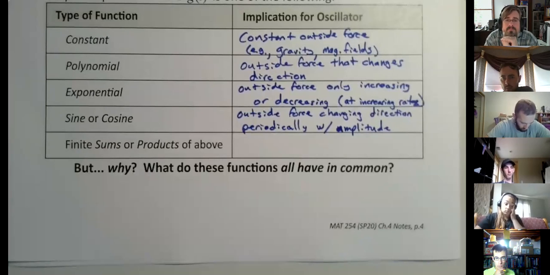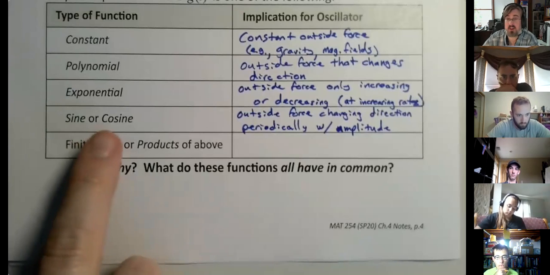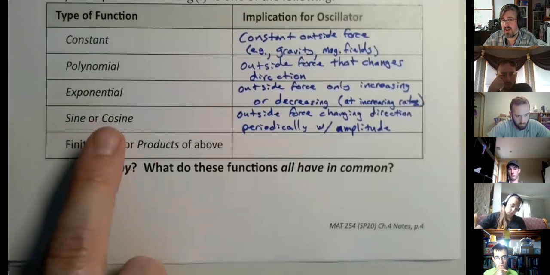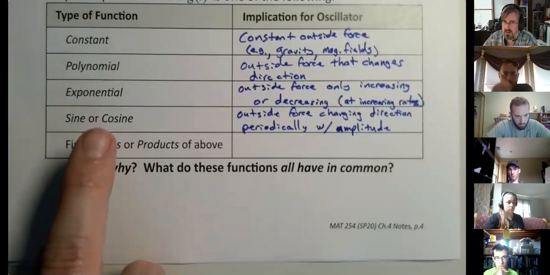What do you think? Notice I said sines and cosines and not tangents. What does sine and cosine have that tangent does not have? Or you could think of it vice versa.